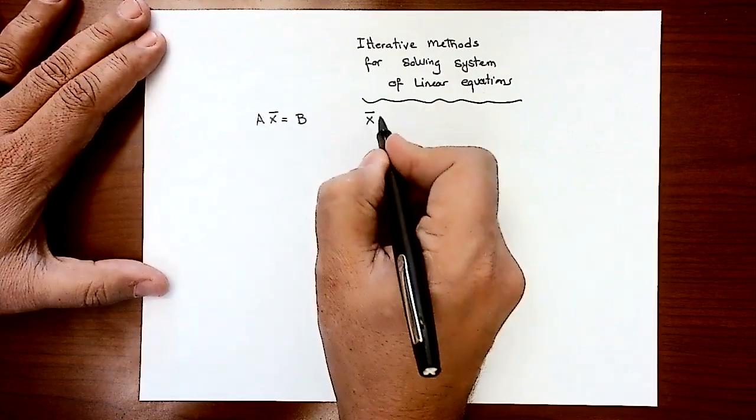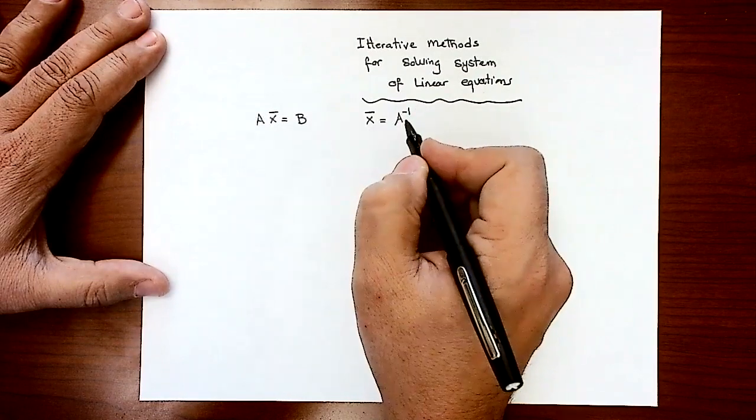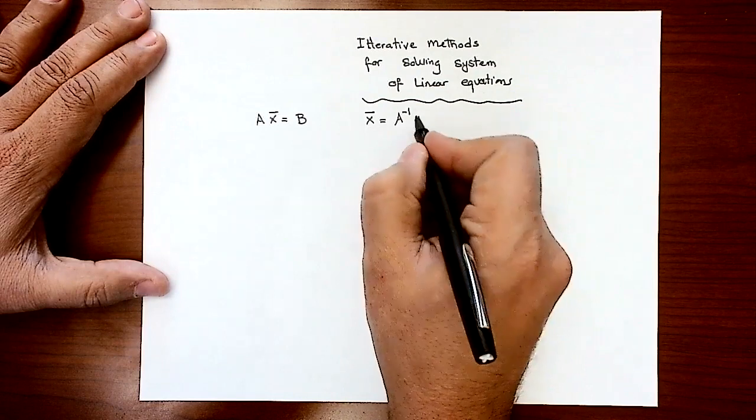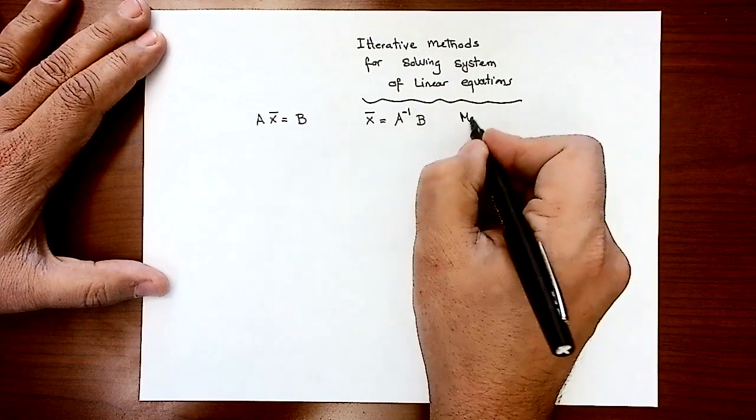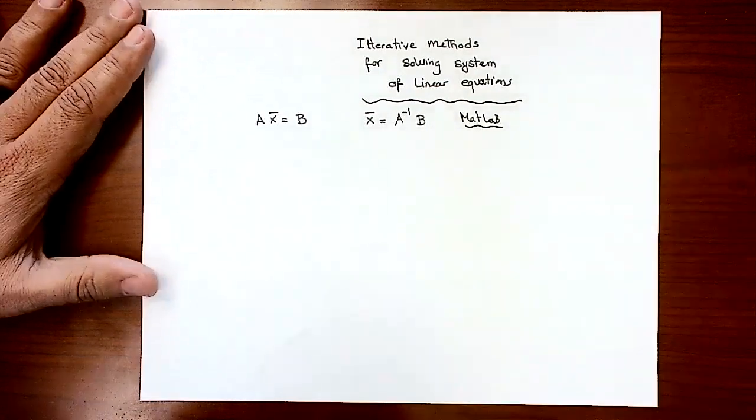Then you can get X from A minus 1, the inverse of the coefficient matrix, times B. And we did that with MATLAB. We got the solution for that.